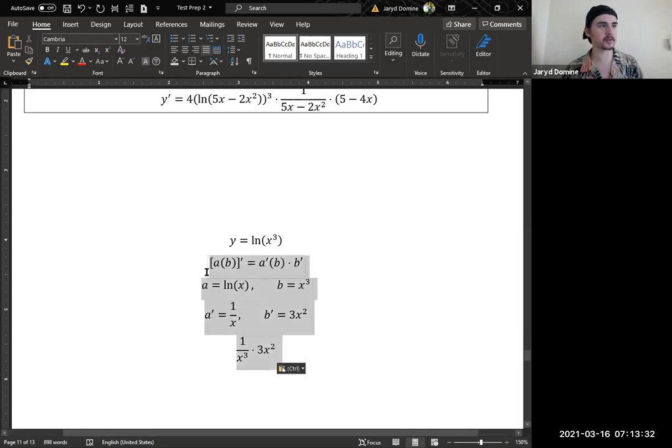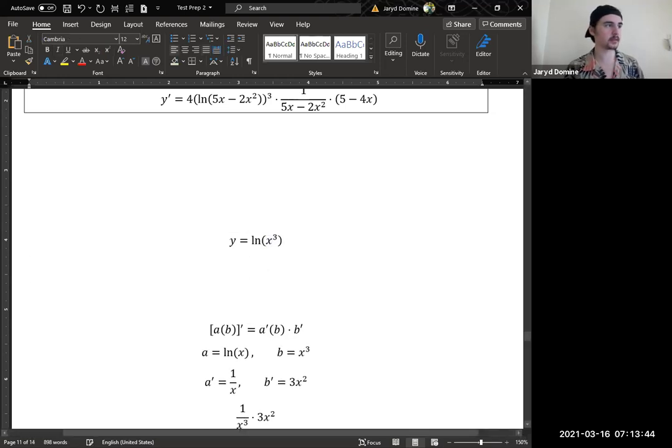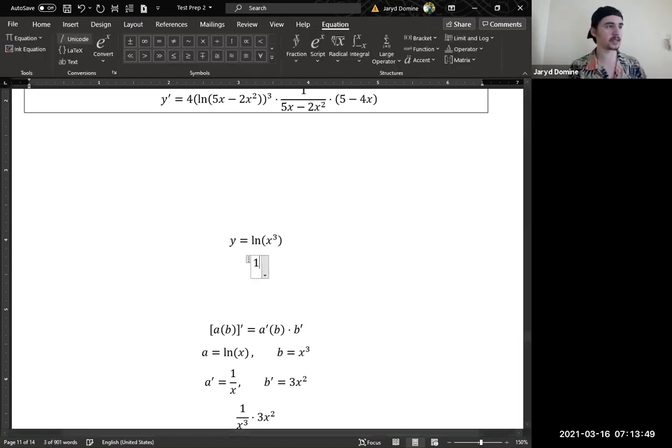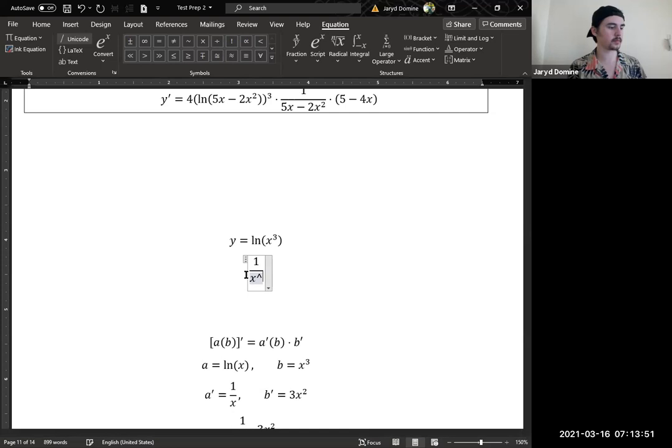Thinking about it in terms of a formula is actually kind of difficult. But I always think about it as, what does a natural log do? So normally you have just an x inside, you get a 1 over x. So in this case, instead of 1 over x, you have 1 over x cubed. And then you multiply by the derivative of this stuff inside, which is 3x squared. I'm sorry if I'm being too roundabout about this.